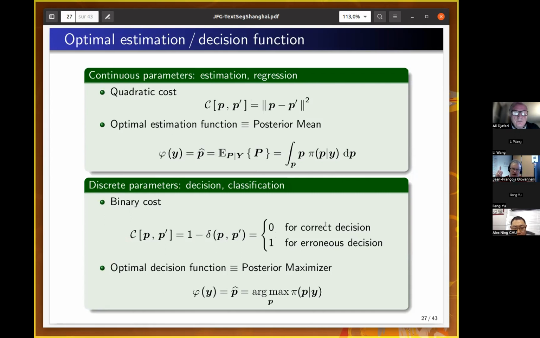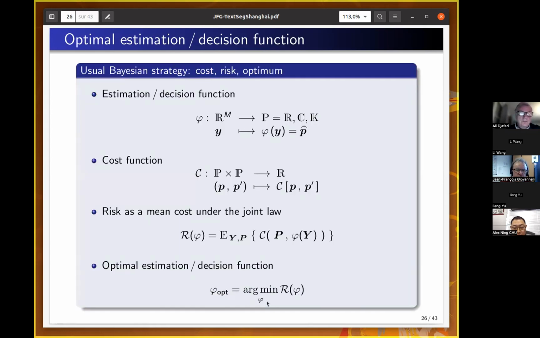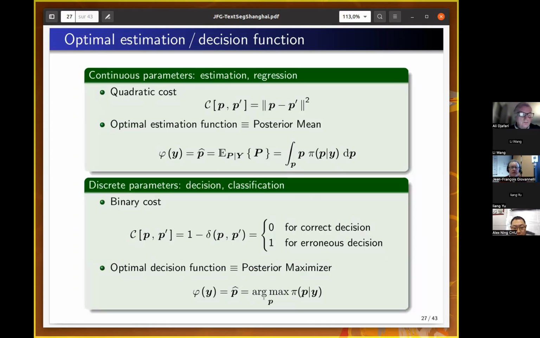If the decision is incorrect, it costs 1. For this binary cost, the optimum function is the posterior maximizer. Among all the possible functions, I should add opt here. It is the optimal function, the one that minimizes the risk. That's why we select the posterior mean and the posterior maximizer as estimates for the texture images, for the parameters, and so on. And this one for the label.